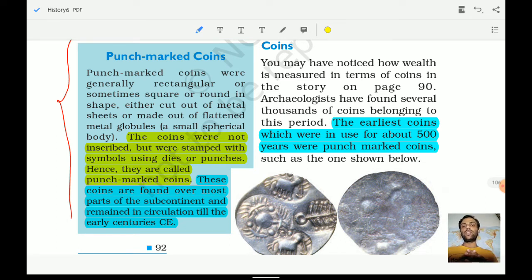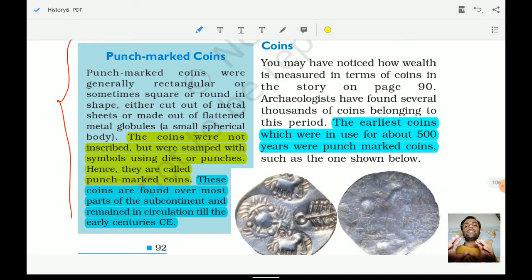Punch marked coins were generally rectangular, or sometimes square or round in shape. Remember that there was no specific shape, because they were found in different shapes, like square and also round. These were either cut out of a metal sheet or made out of flattened metal globules. The coins were not inscribed but were stamped with the symbol using dies or punches.